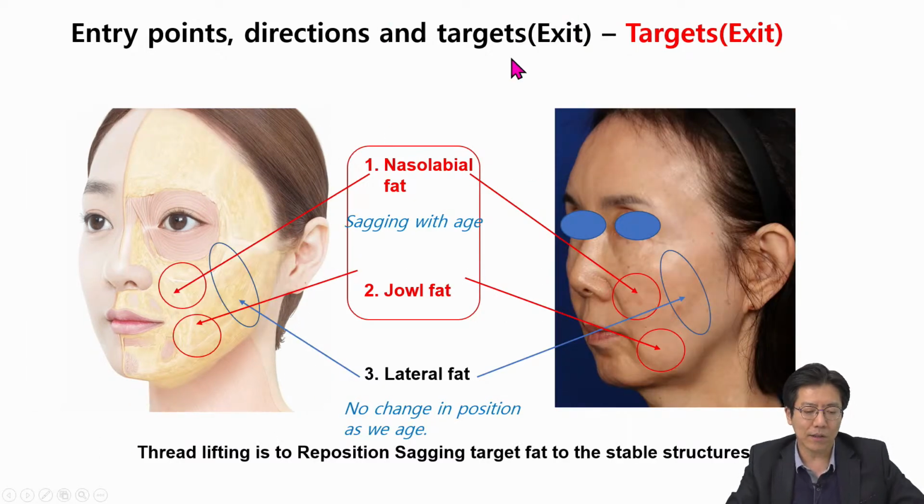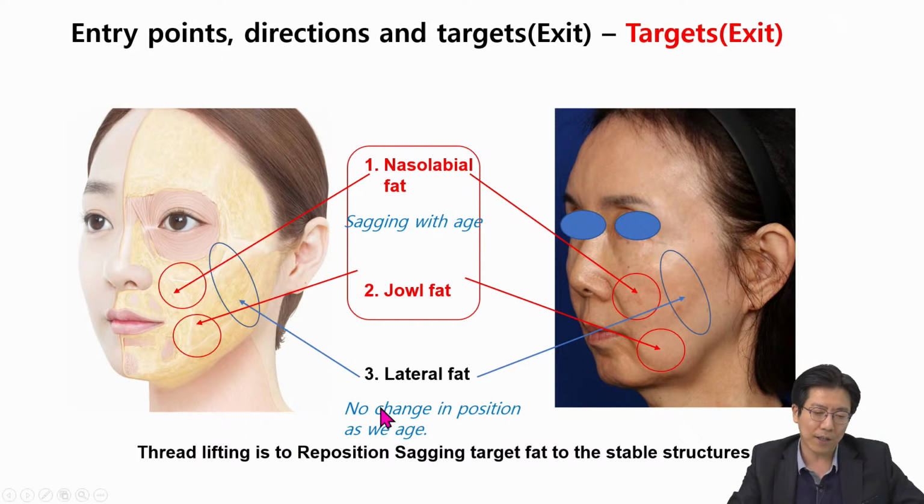Then definitely the target fat compartments for mid face and lower face are the nasolabial fat compartment and the jowl fat group. The reason is that other fat compartments, for example, the infraorbital fat compartment and lateral fat group, do not change in position as we age. So this lateral fat and infraorbital fat are not our target fat compartment and not our target fat group.